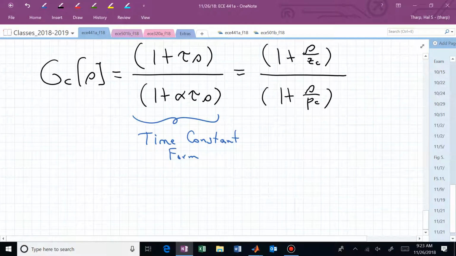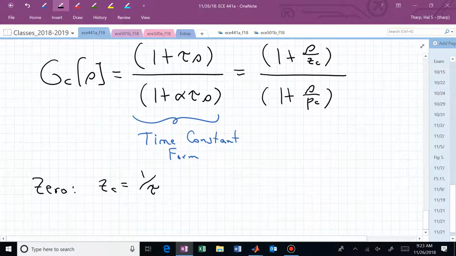If we do that, hopefully it's clear that the zero is related to the time constant that we've defined as 1 over tau, and our zero is now located at minus z sub c.